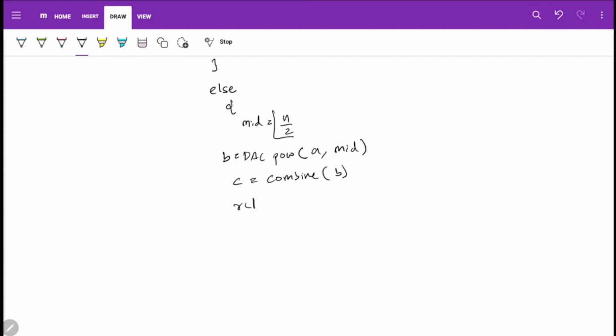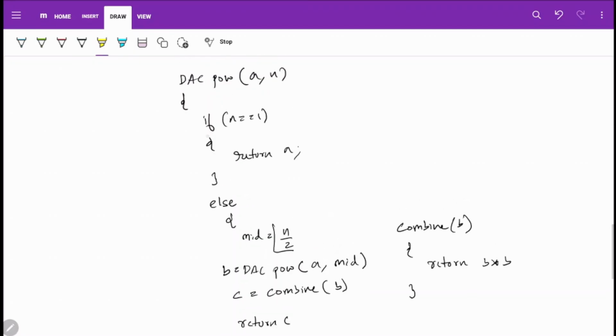And we will return C. So this is our program, and the combine algorithm will take B and return B into B. So this is for a small problem, and this is for a large problem.